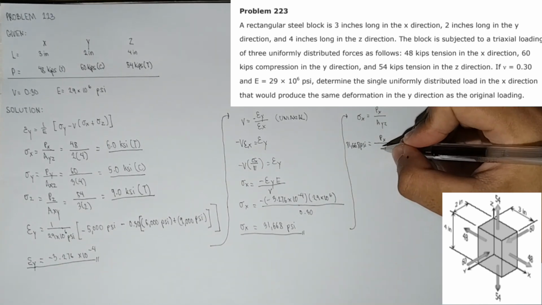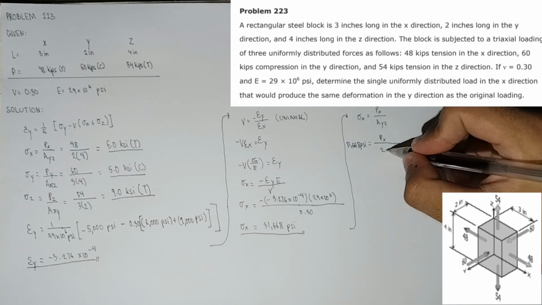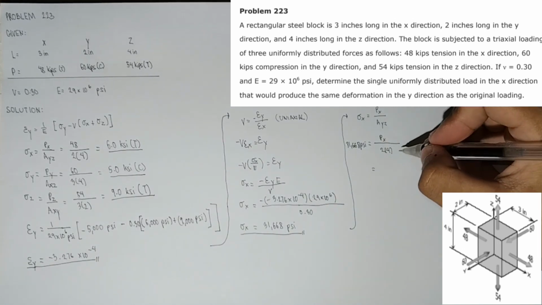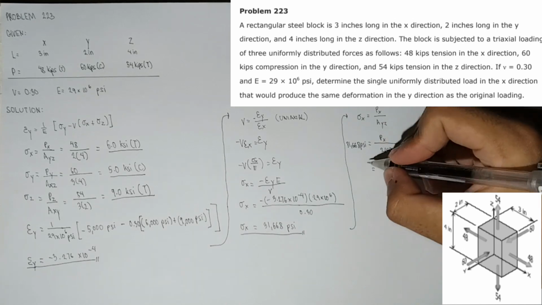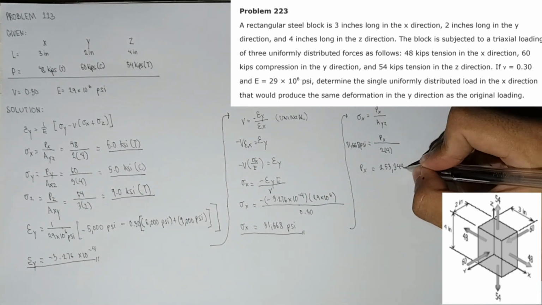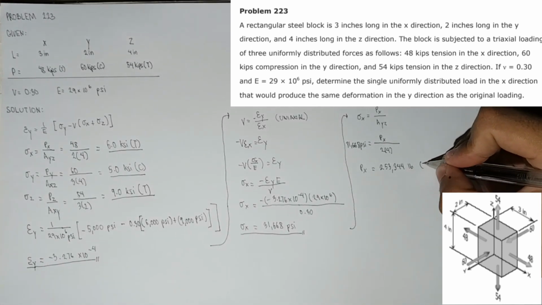Px over area YZ, here 2 times 4. Multiply this, guys, and then we can get this P. Px now would be 253,344 pounds, and this is tension.